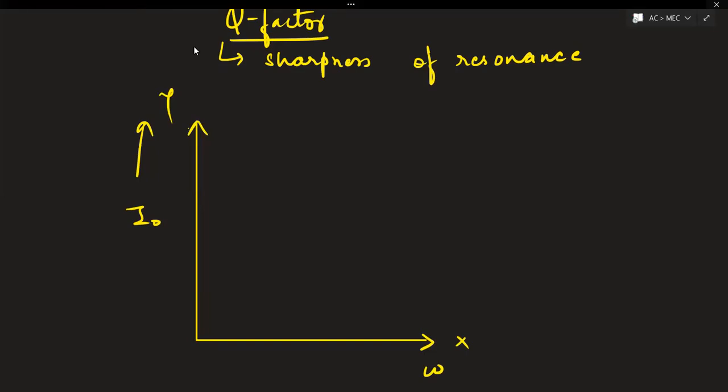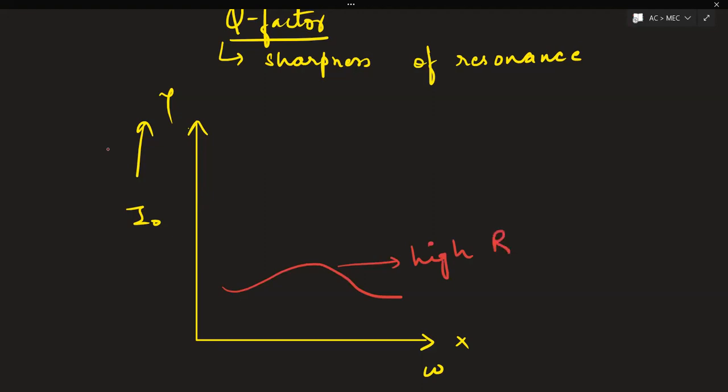Now, obviously, wherever the current is less, here the value of current is less in comparison to others. So here the value of resistance that I'll get will be a high resistance. Then at this value, this is a slightly bigger value of current, so here I will get moderate resistance.